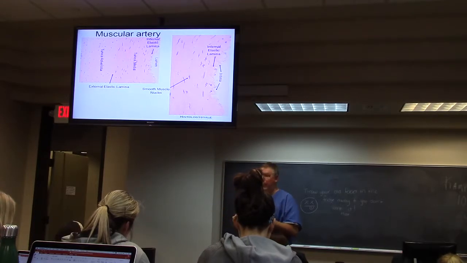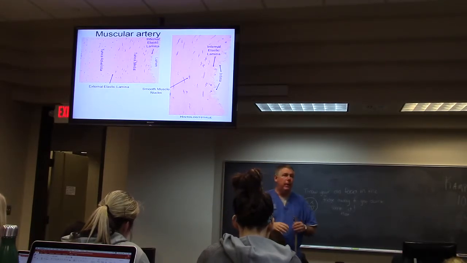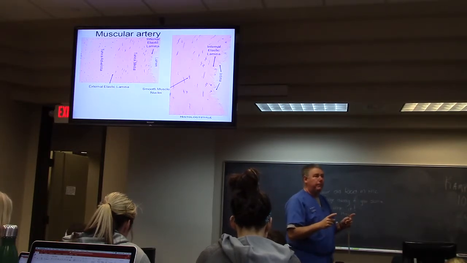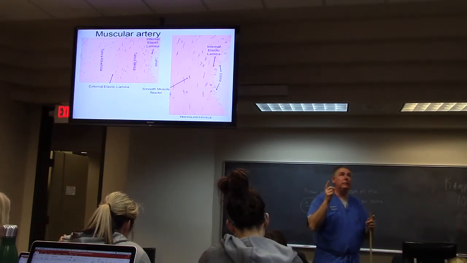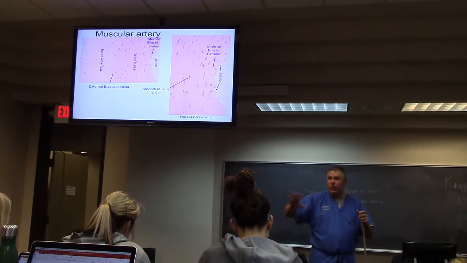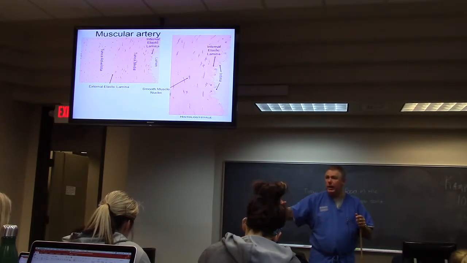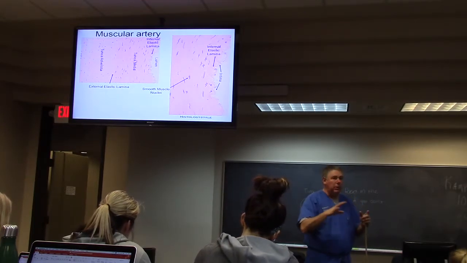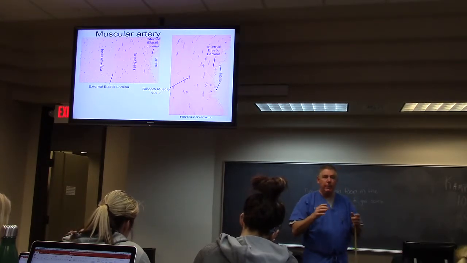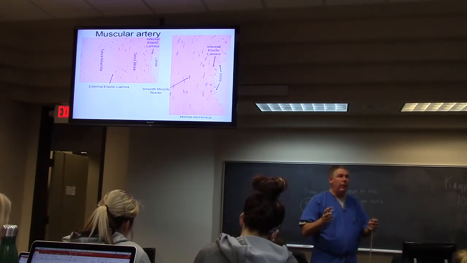Depending on how big the artery is, that'll tell you how thick that muscle layer is going to have to be. And then outside of that is the tunica adventitia, which is the layer that just melds with the surrounding subcutaneous or muscular tissue, whatever the environment is. It becomes continuous with the surrounding environment. Okay?